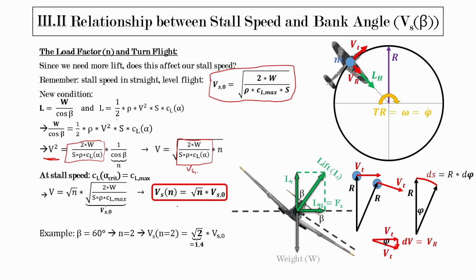So awesome. We can actually now determine, depending on our load factor, we can also write this equation if it's easier for you. We write a beta here equals square root of 1 over cosine beta times Vs naught.